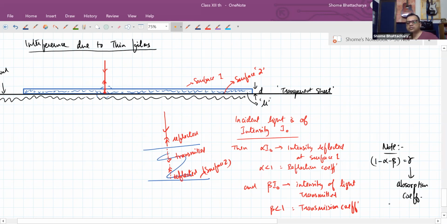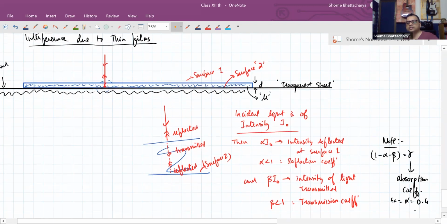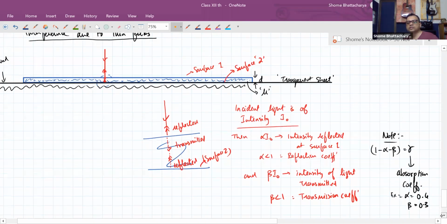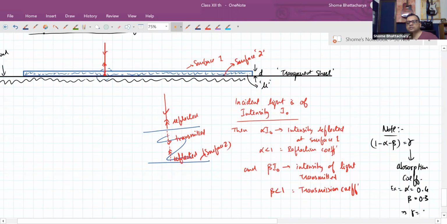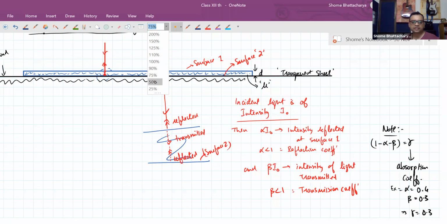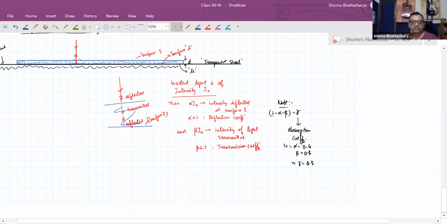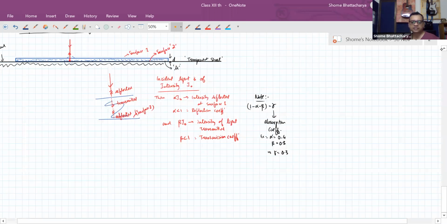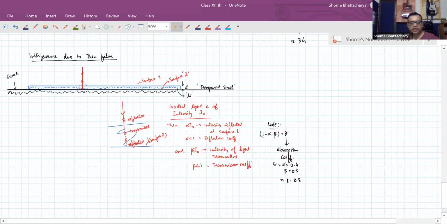So for example, if alpha is 0.4 and beta is 0.3, that means that gamma will have to be 0.3. Okay, because the remaining energy is getting absorbed. So in general, when light is incident at any surface, there are three phenomena that happen: reflection, transmission, or refraction, you can call that also, and absorption.